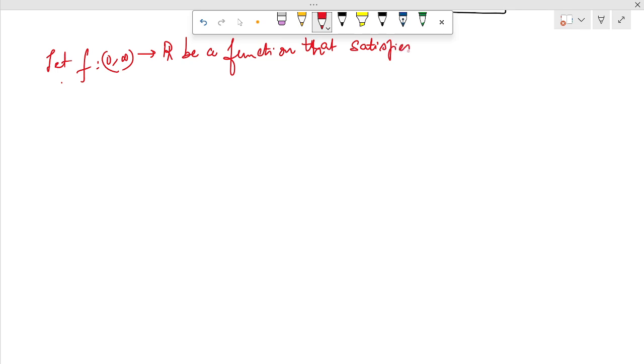The question says: let f be defined from 0 comma infinity to R, be a function that satisfies f of x is equal to f of x by 2 plus 1 for all x belonging to 0 comma infinity.